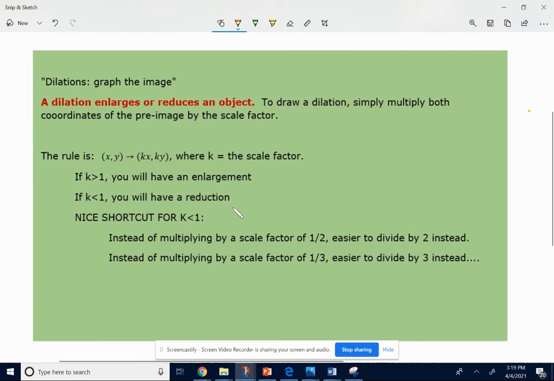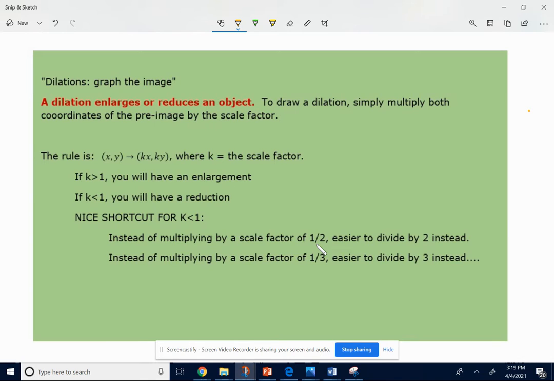And as you do the problems, there's a real nice shortcut. If you have a scale factor of 1/2, that means you would multiply every coordinate by 1/2, because that's what the rule is, just multiply everything by the scale factor. Well, instead of multiplying by 1/2, you'll get the same answer by just dividing by 2 instead.